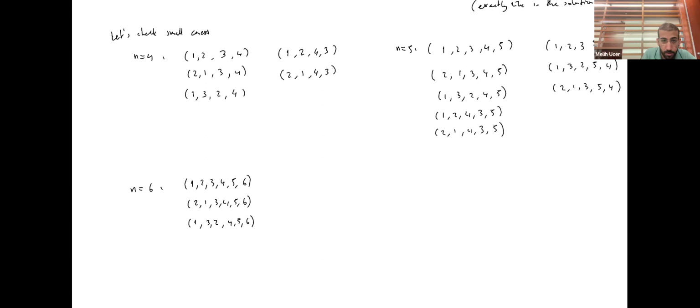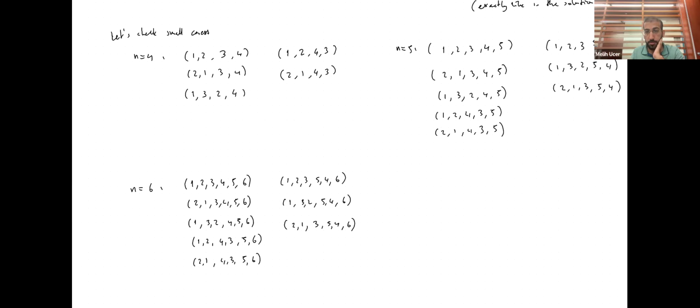Then what does this say? 1, 2, 4, 3, 5, 6. And this one says 2, 1, 4, 3, 5, 6. And this one says 1, 2, 3, 5, 4, 6. 1, 3, 2, 5, 4, 6. 2, 1, 3, 5, 4, 6.